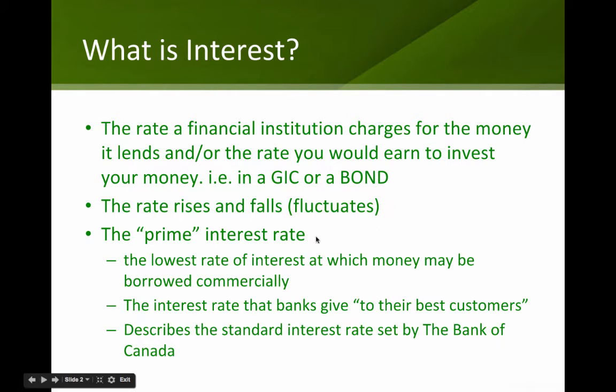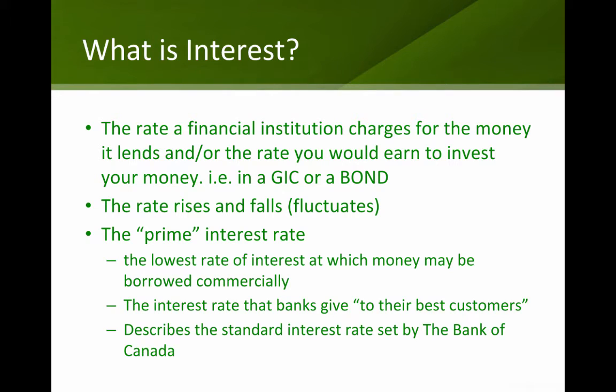And we talked about prime interest rate already at the beginning of this course, and we talked about the prime rate being the lowest rate of interest at which money may be borrowed commercially. To make that a little easier for you to understand, basically it is the interest rate that banks give to their best customers. So most often banks' best customers are large corporations. So large corporations usually get the lowest interest rates because they are not risky. They always pay back their loans and stuff like that.